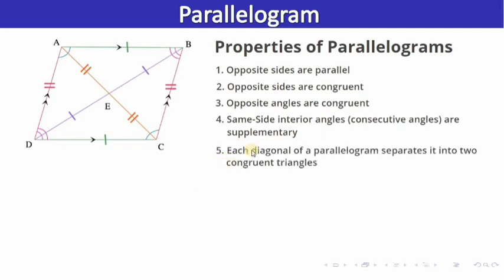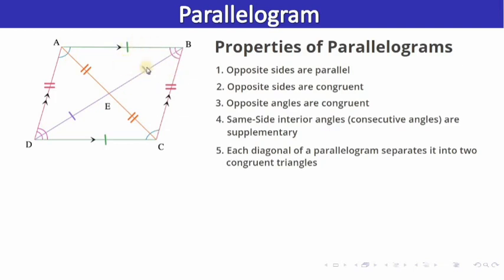Next, each diagonal of a parallelogram separates it into two congruent triangles. Congruent means equal triangles. So let's talk about only AC, forget our diagonal BD. When you draw this diagonal AC in a parallelogram, it will divide the parallelogram into two equal triangles.